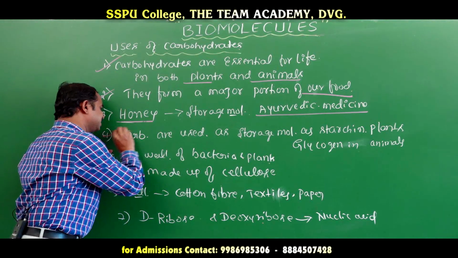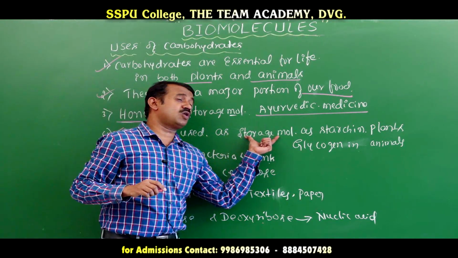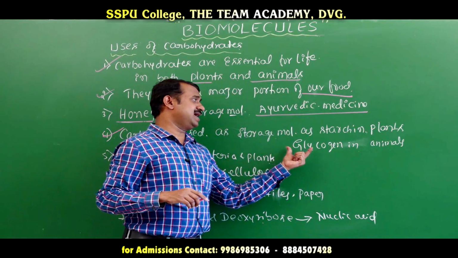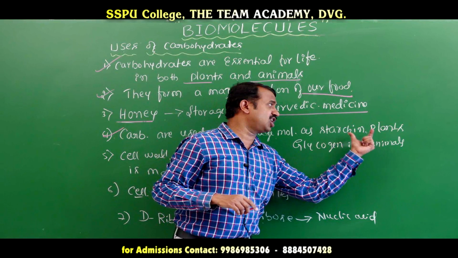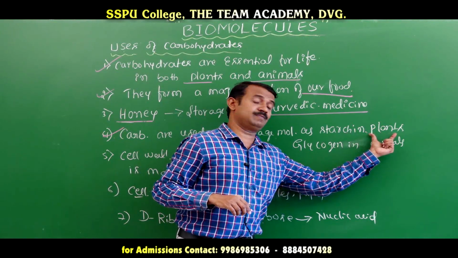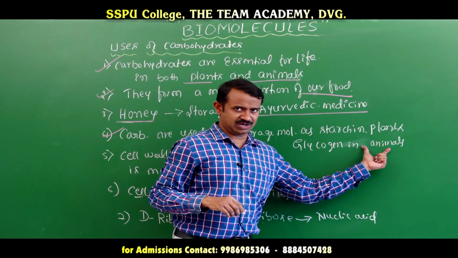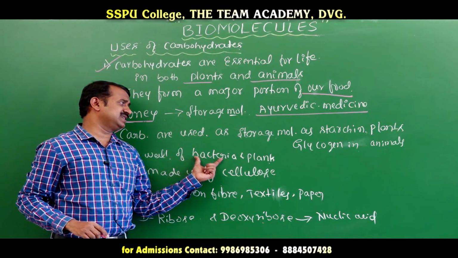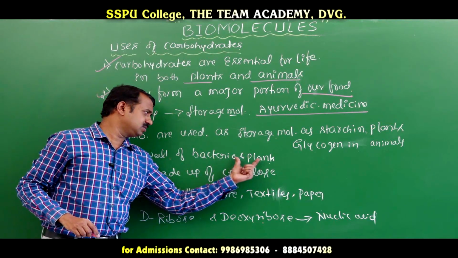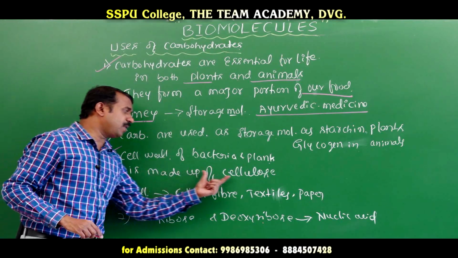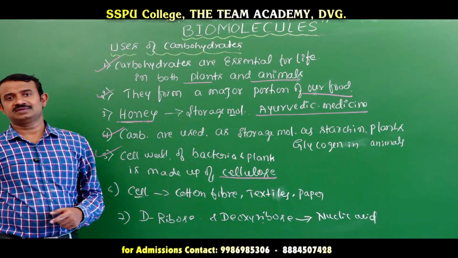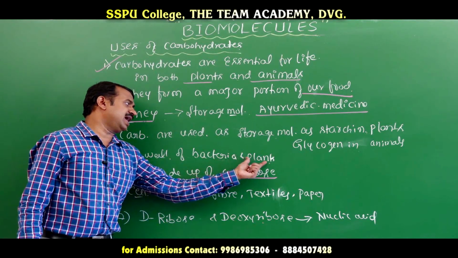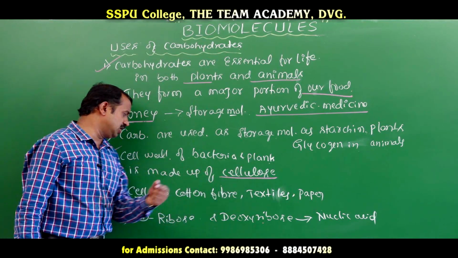Next, carbohydrates are used as storage molecules: starch in plants and glycogen in animals. Starch means amylose and amylopectin in plants, and glycogen in animals. Okay, next one, the cell wall of bacteria and plants is made up of cellulose. Cotton is cellulose.